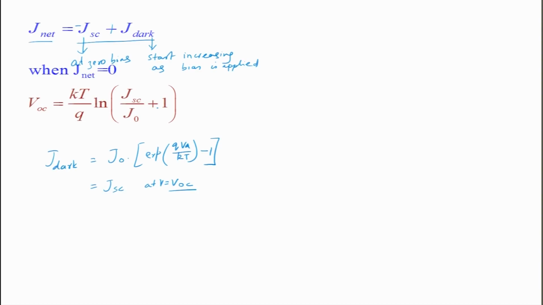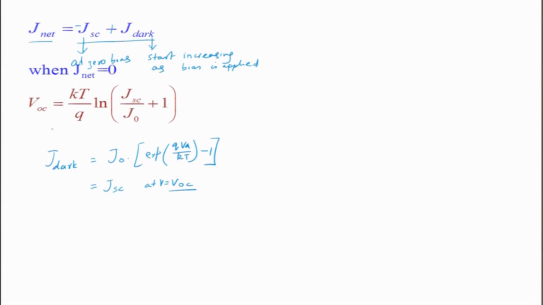You can see from this factor that as the temperature increases, you will have some increase in VOC, but VOC is quite critically dependent upon the dark current and the short circuit current. It is a function of both. If you have defects or recombination in the semiconductor, or anything which leads to higher recombination current or dark current, your VOC will go down.